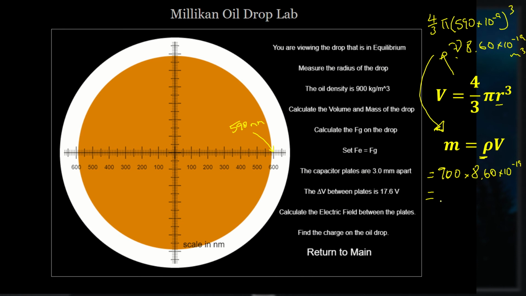And I find that the mass of this oil droplet, again, to 3 sig figs, just for simplicity's sake, is 7.74 times 10 to the power of minus 16 kilograms. So that's the mass of the oil droplet.